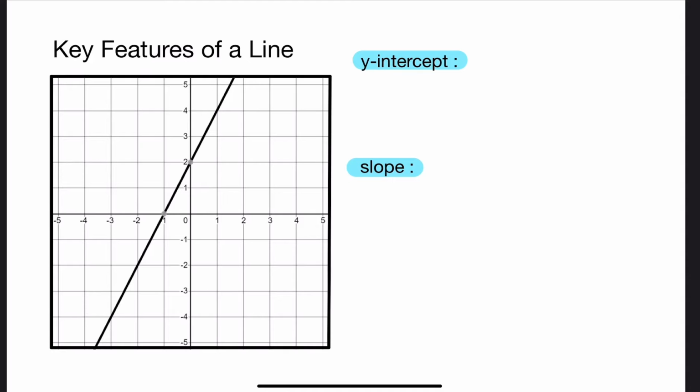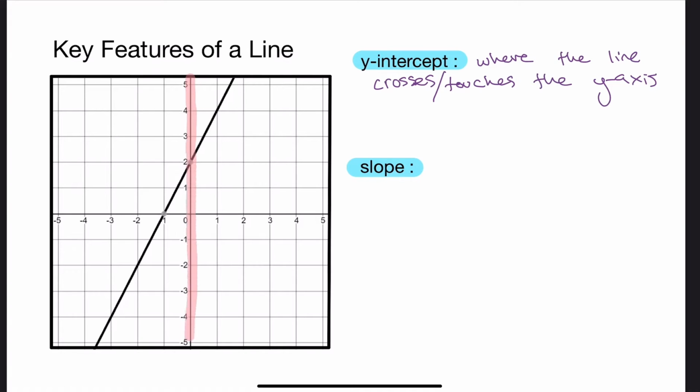The y-intercept is going to be where the line crosses or touches the y-axis. All right. Well, where's the y-axis, Miss Fields? Well, I will tell you, it is this one. That is our y-axis.